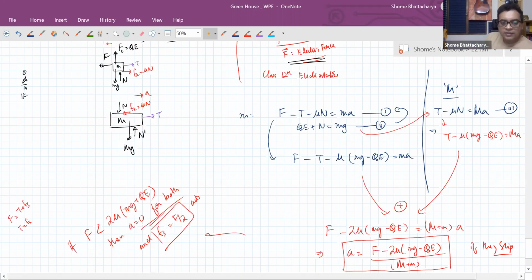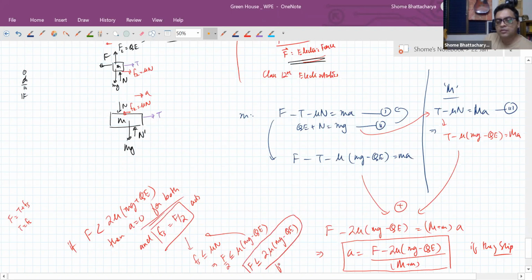Okay. So again, the limiting condition is that this static friction is less than or equal to mu N. So F by 2 should be less than or equal to mu into (mg minus q). So F should be less than or equal to... This is for no slipping.